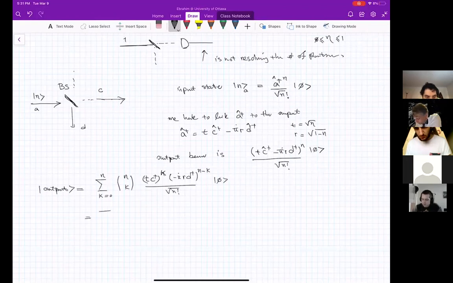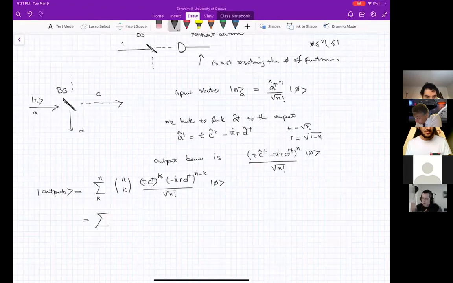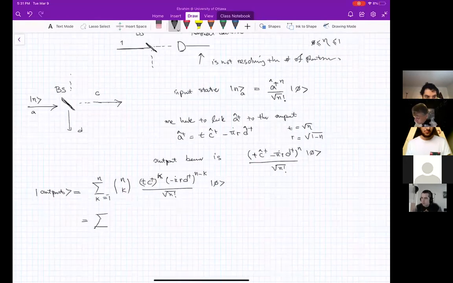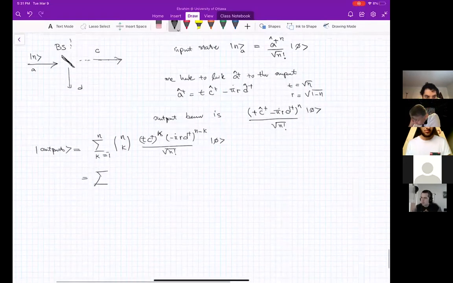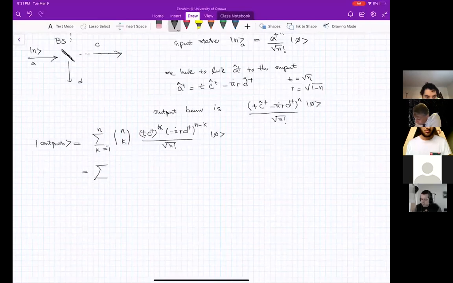That can be simplified. Then it will be n factorial divided by K factorial n minus K factorial, with K changing until n.